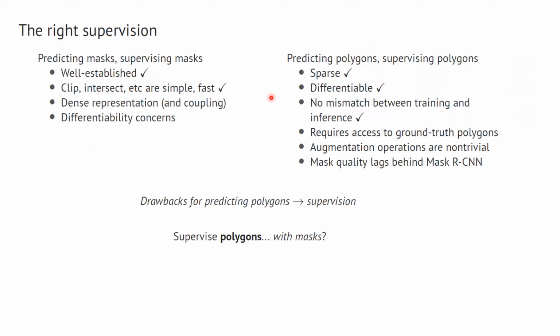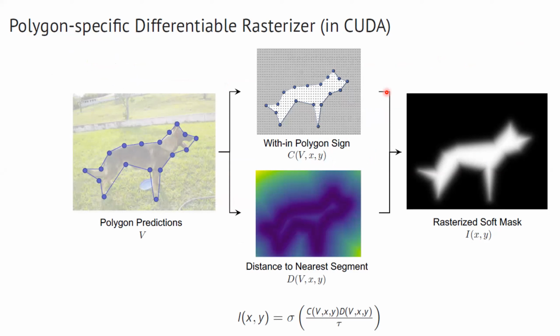So these are some comparisons between mask supervision and mask prediction versus polygon supervision and polygon prediction. We want mask supervision as in the standard Mask R-CNN type of instance segmentation formulation, but rather predict polygons without polygon supervision. The bridge can be built using differentiable rendering.